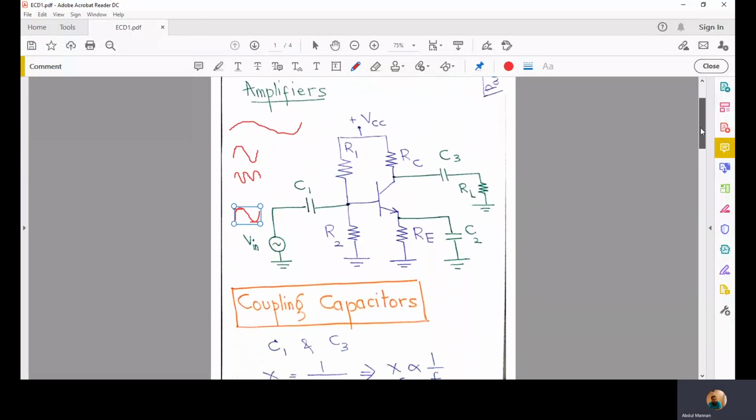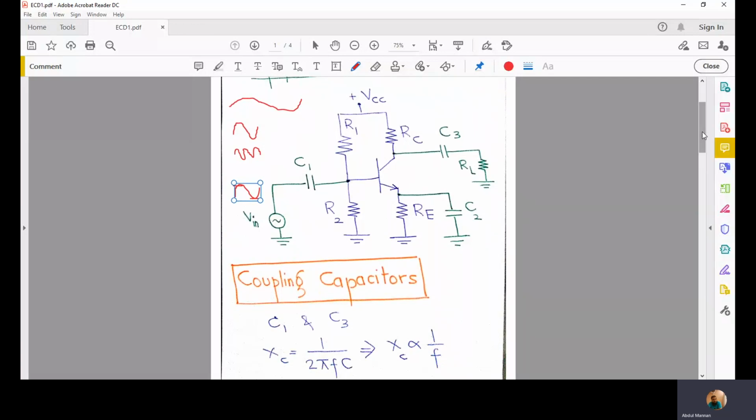In order to start, let's see what is the effect of coupling capacitors on signals with low and high frequency. This one is a low frequency, this one is a higher frequency. What is the effect of coupling capacitors? We know that these two capacitors, C1 and C3, are coupling capacitors.